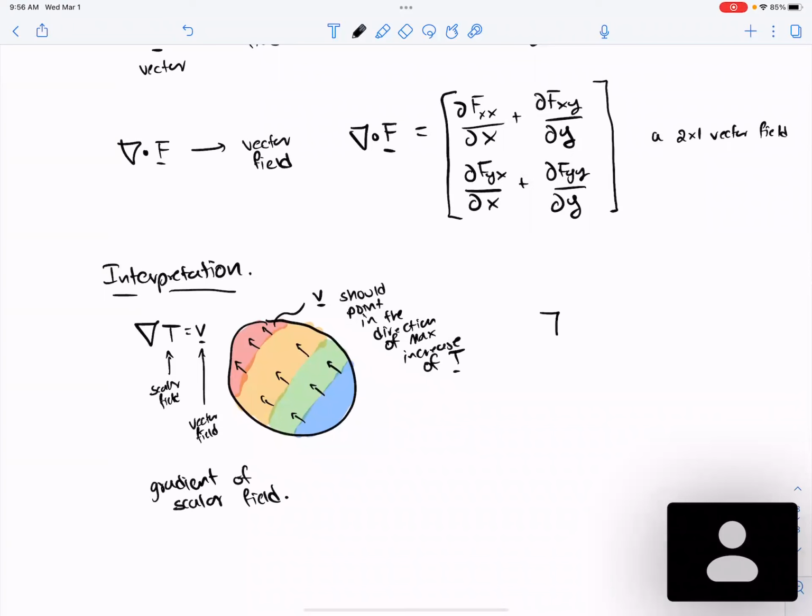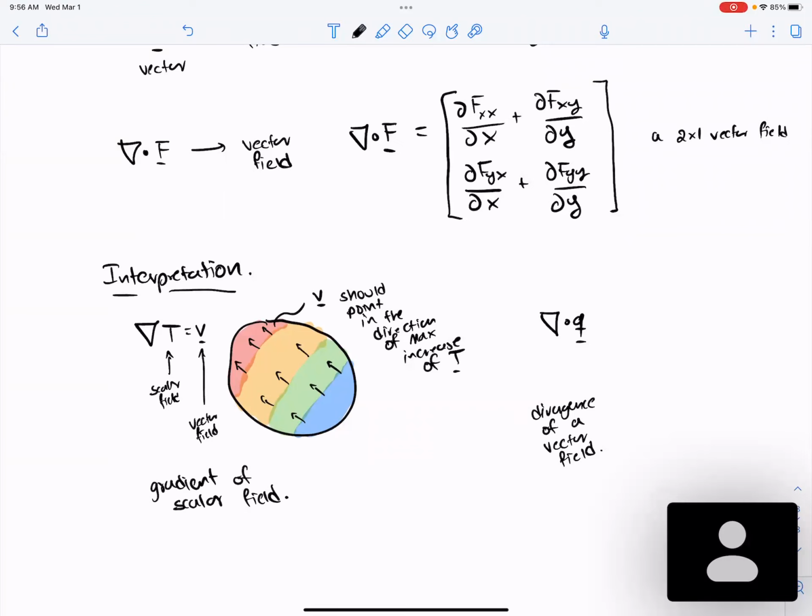The other one that has an interpretation is the divergence of a vector field. That one also has a meaning.